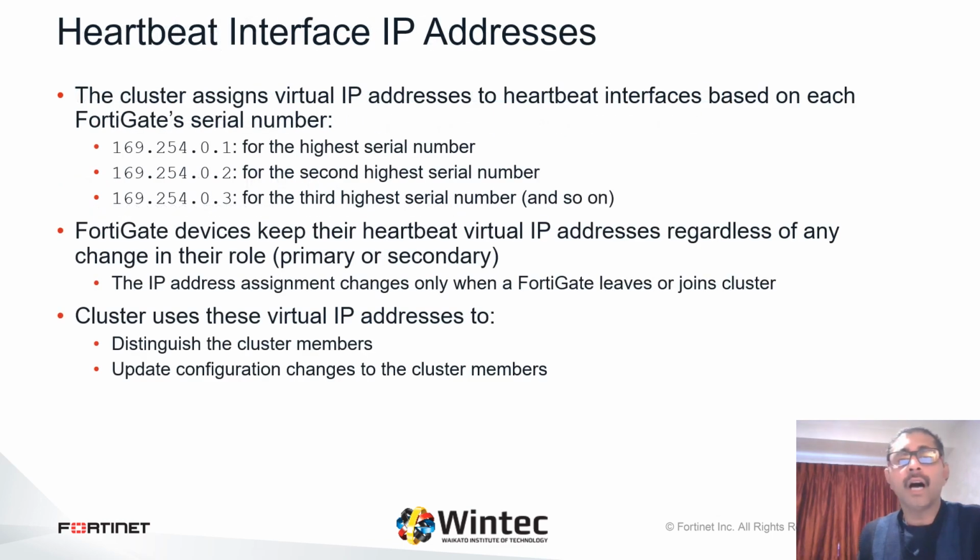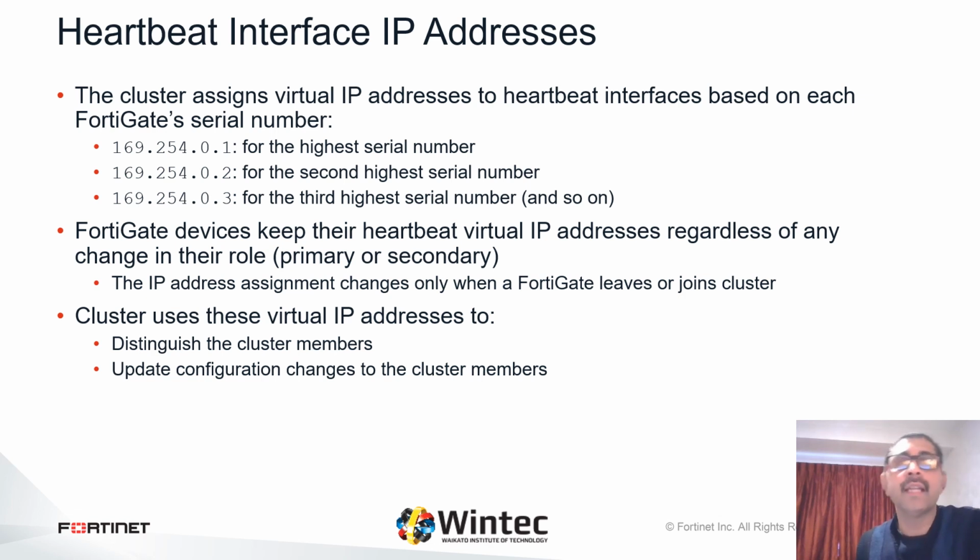A word about the heartbeat interface. You don't need to configure the heartbeat IP addresses. The FortiGate clustering protocol automatically negotiates the heartbeat IP addresses based on each device's serial number. The IP address 169.254.0.1 is assigned to the device with the highest serial number. The IP address 169.254.0.2 is assigned to the device with the second highest serial number, and so on. The IP address assignment does not change when a failover happens.